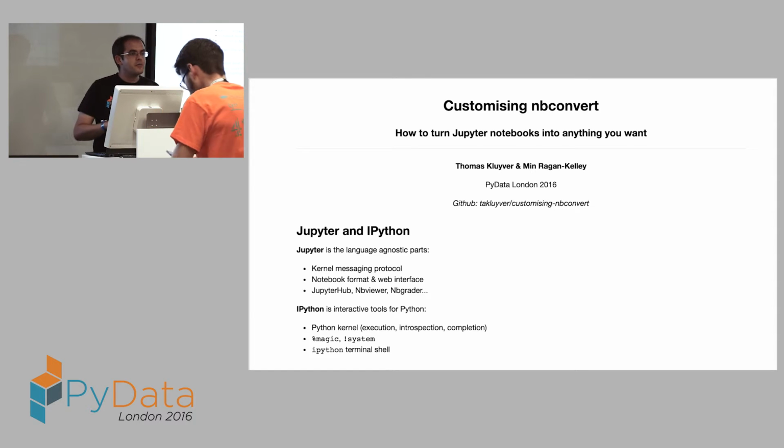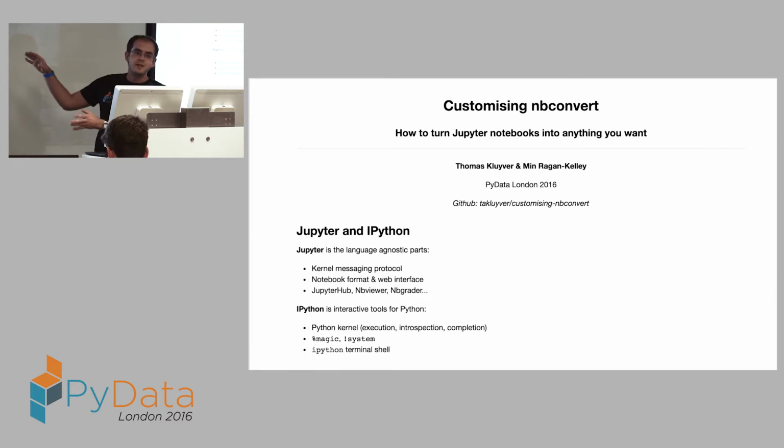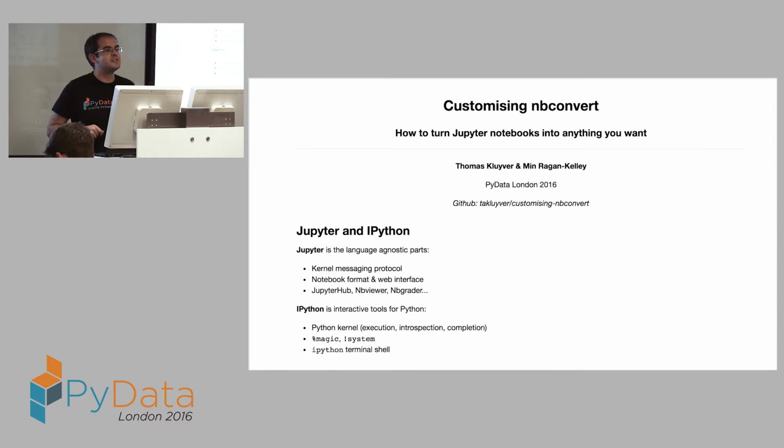Before I get into nbconvert, this is something that we try to reiterate at every conference because it's a message that we feel we're not doing a very good job of getting across so far. This is what the distinction between Jupyter and IPython is, so people still seem to use the terms pretty much interchangeably.